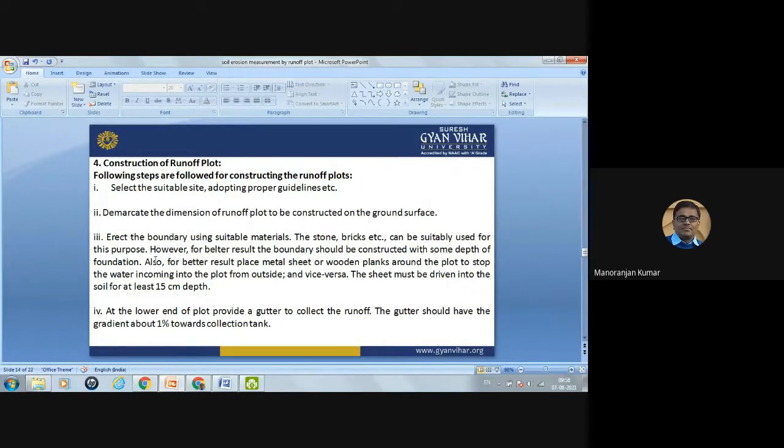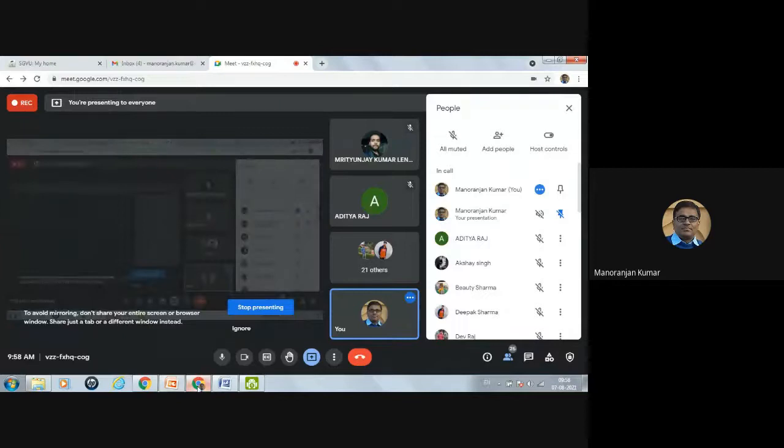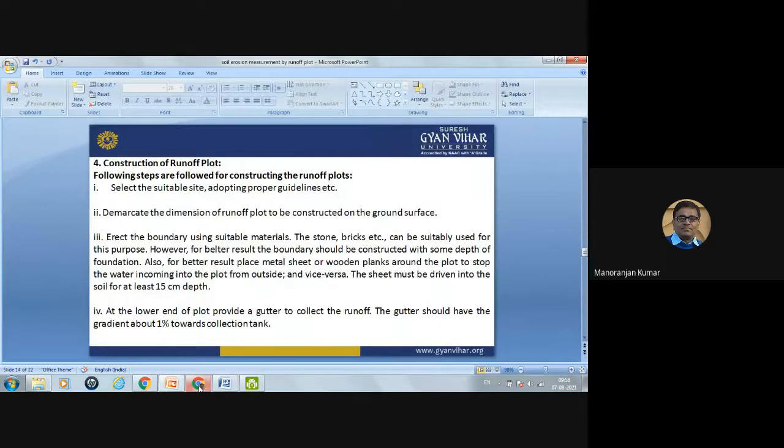Now the construction of a runoff plot. The following steps are followed for constructing the runoff plots.